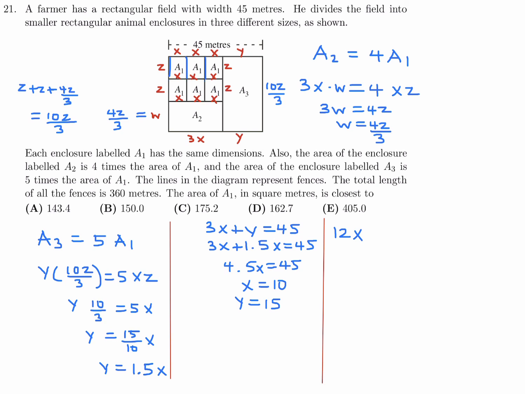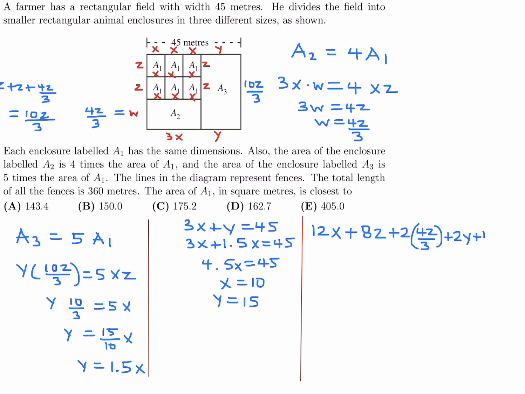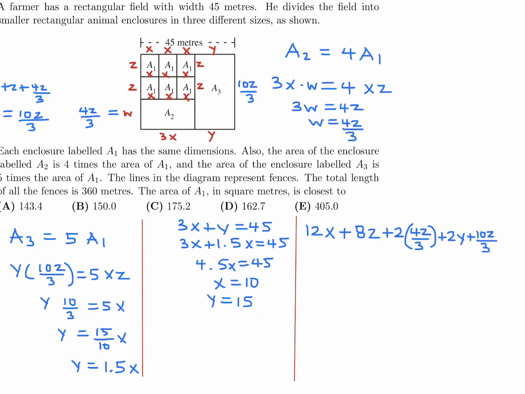Okay, so I've got 8 z's. And then I've got these two guys here that were 4z over 3, so 2 of those guys. So 2 times 4z over 3. And then I've got 2 y's, and then I've got this 10z over 3. So plus 2y plus 10z over 3. And all of that is equal to 360.